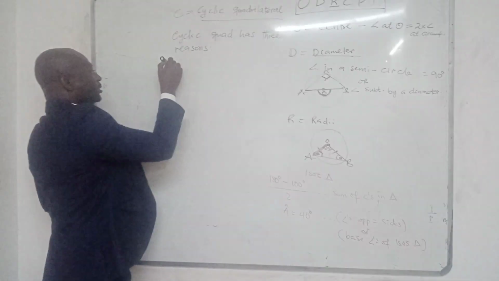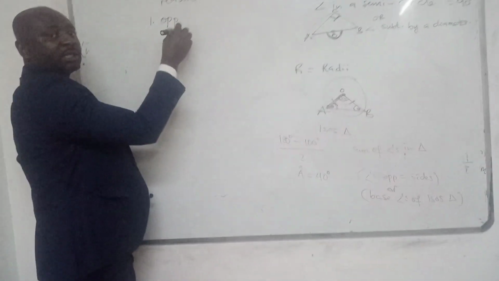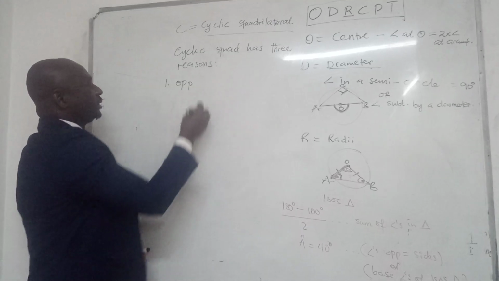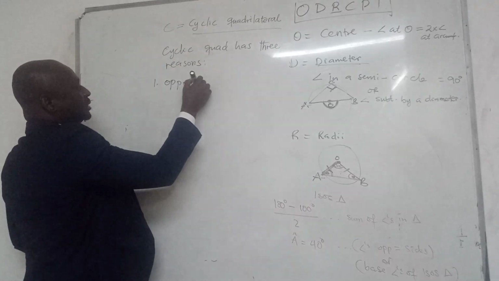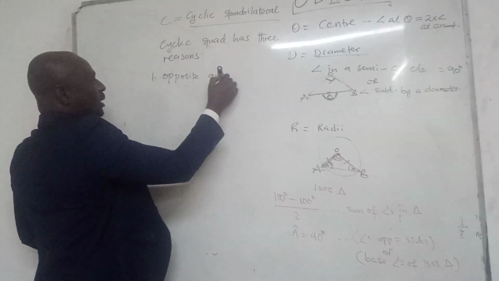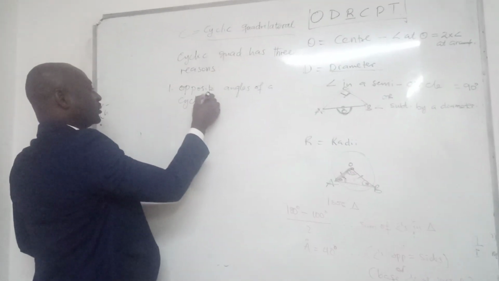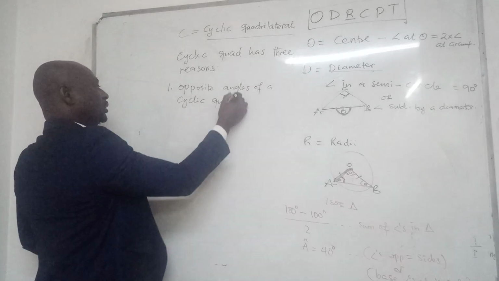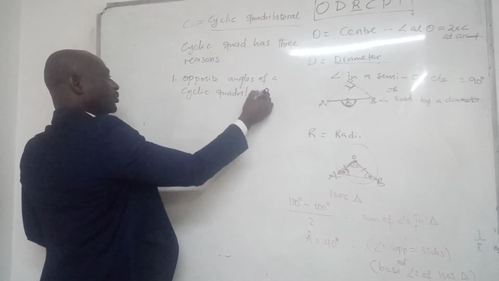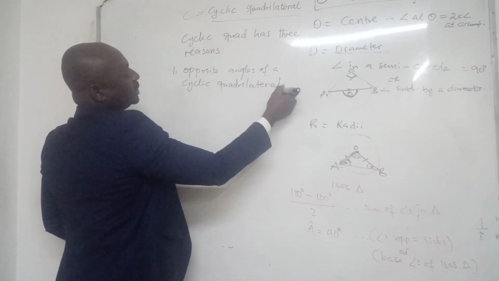Number 1: opposite angles of a cyclic quadrilateral are supplementary, and it is examinable for you to learn how to prove this one.